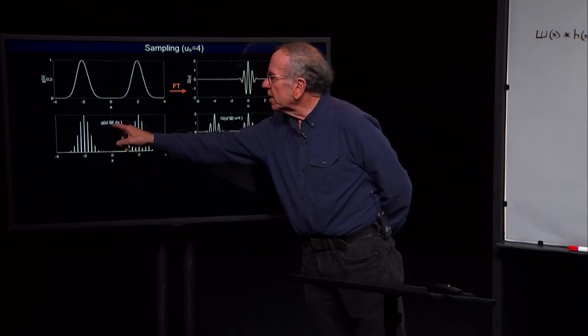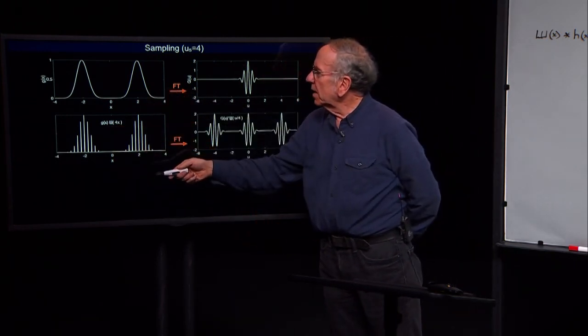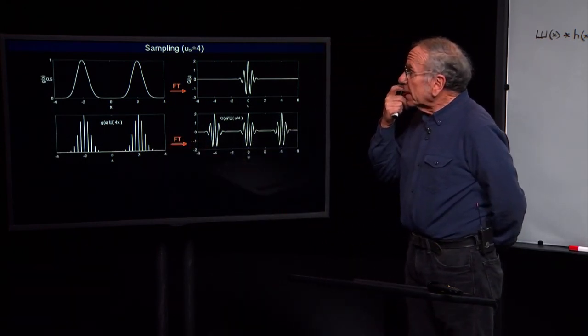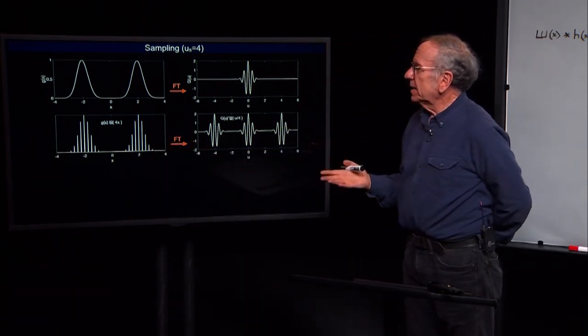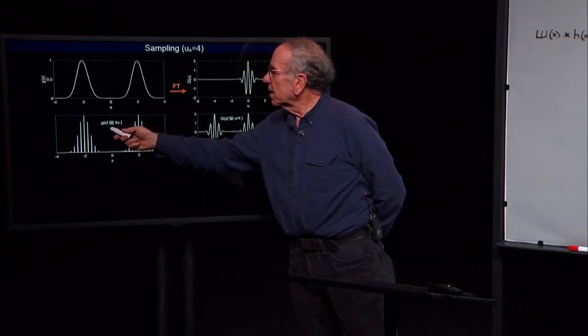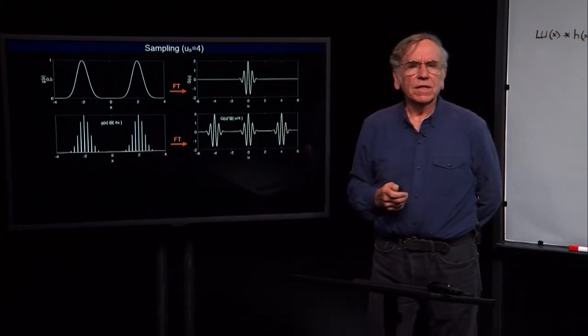I've just multiplied this Shah function by my input function, and I get this series of delta functions. We think about that as saying we are sampling the function g of x at these discrete points.